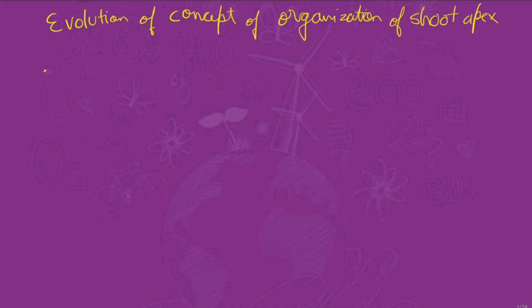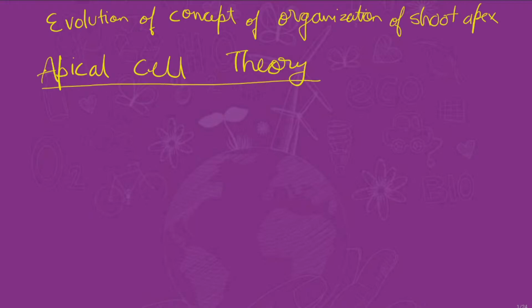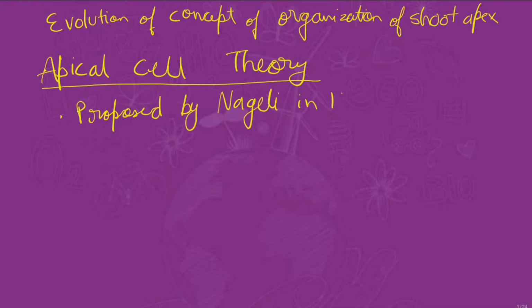First one is apical cell theory. This theory was proposed by Nageli in 1878.